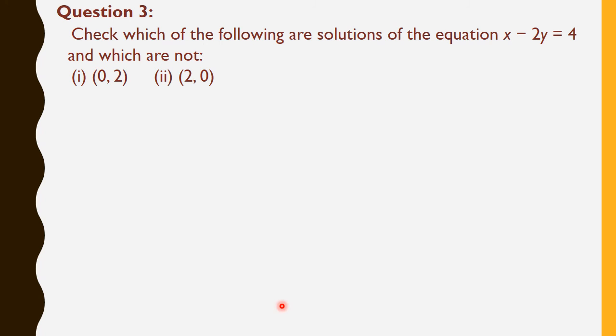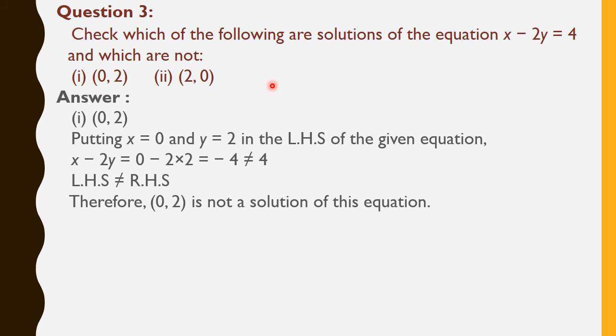Question number 3 says, check which of the following are solutions of the equation x minus 2y equals 4 and which are not. We are just taking the first two examples. For the first one, (0, 2). For the first given ordered pair, we can see the value of x is 0 and y is 2.